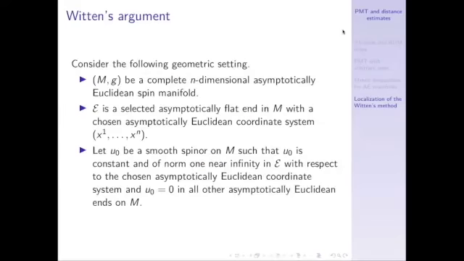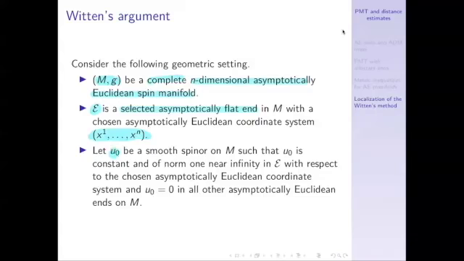So I will now quickly review Witten's argument for proving the positive mass theorem. So we consider the following geometric setting. Let M be a complete n-dimensional asymptotically Euclidean spin manifold, and suppose that E is a selected asymptotically Euclidean end with a chosen asymptotically Euclidean coordinate system x1, ..., xn.